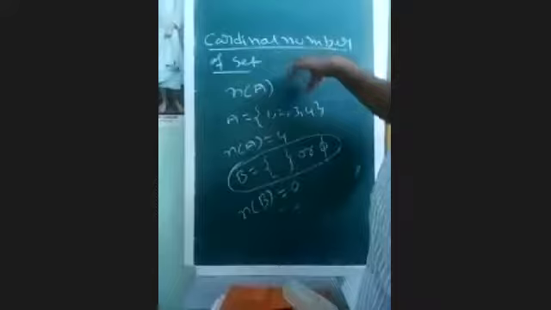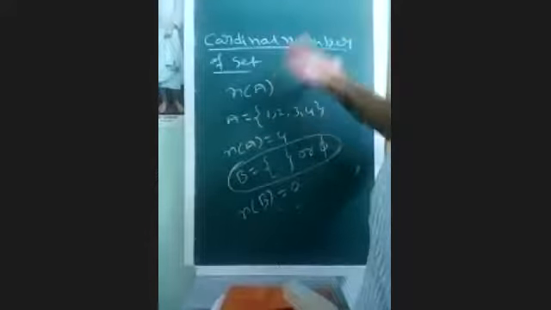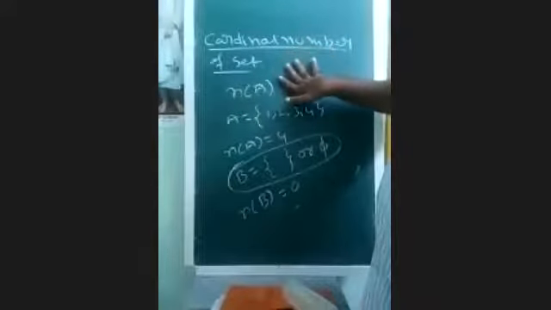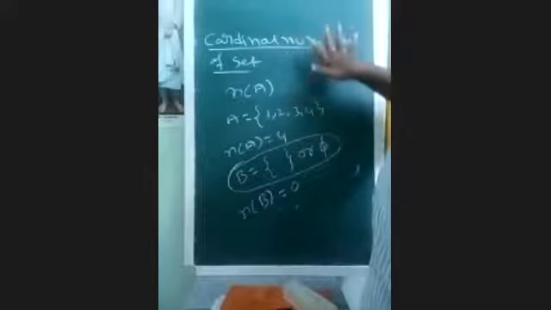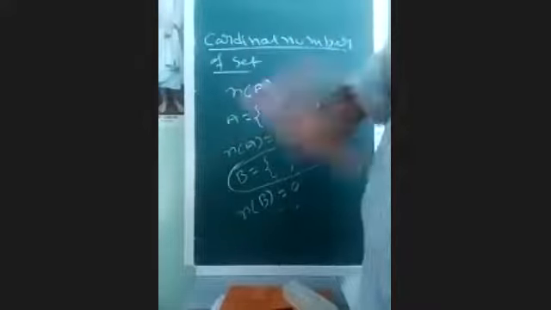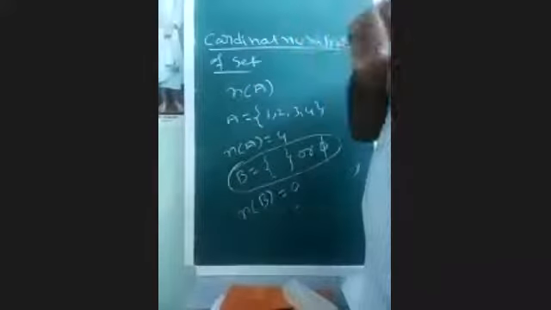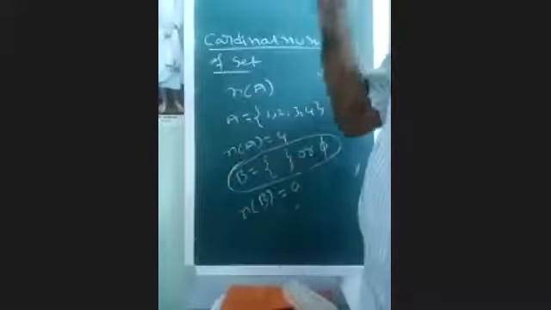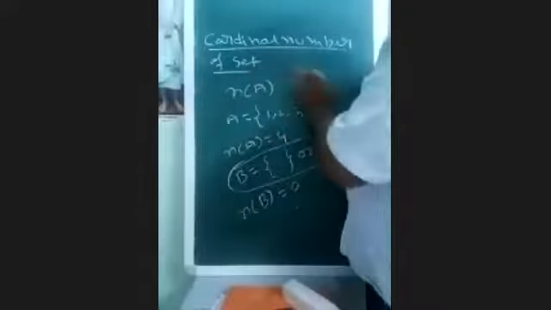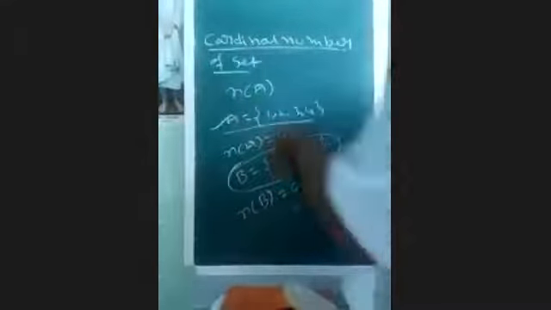What is the definition of the cardinal number of a set? You take the number of elements in a finite set, but not an infinite set. You take only finite sets; for infinite sets it is not defined.